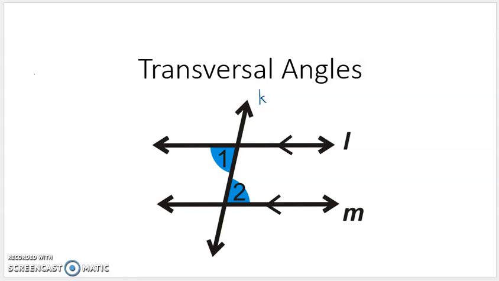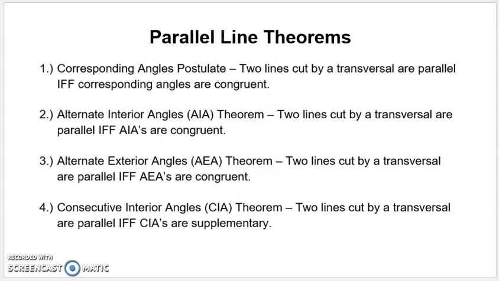There are a few more, but the four that we're going to focus on are four parallel lines theorems. Two lines cut by a transversal are parallel if and only if corresponding angles are congruent.